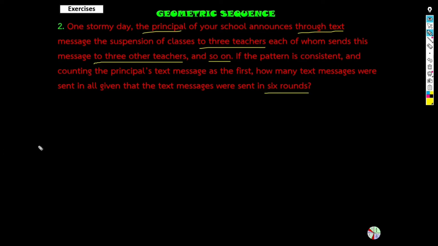First, the text message was sent by the principal to 3 teachers. So in the first round, there are 3 text messages. Second round is 3 times 3, and so on and so forth until the sixth round.